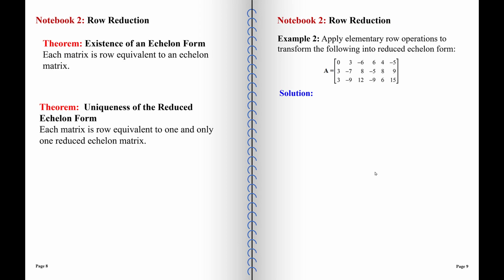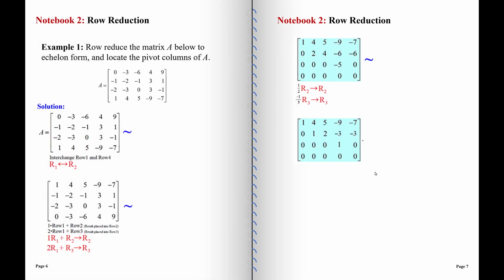And by put it, that means obtain a matrix that's row equivalent to it, which is in echelon form. In the previous example, we had 2 matrices that were row equivalent to the original matrix, and both of those matrices were in echelon form. And therefore, the echelon form is not unique.